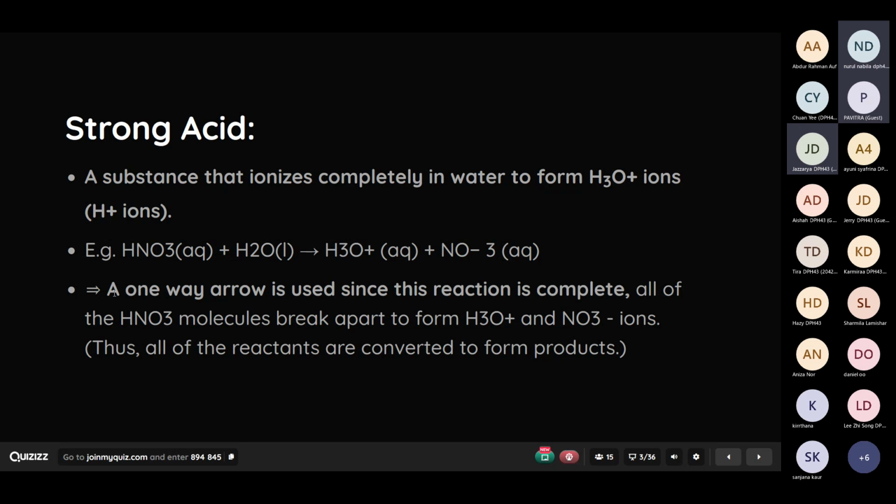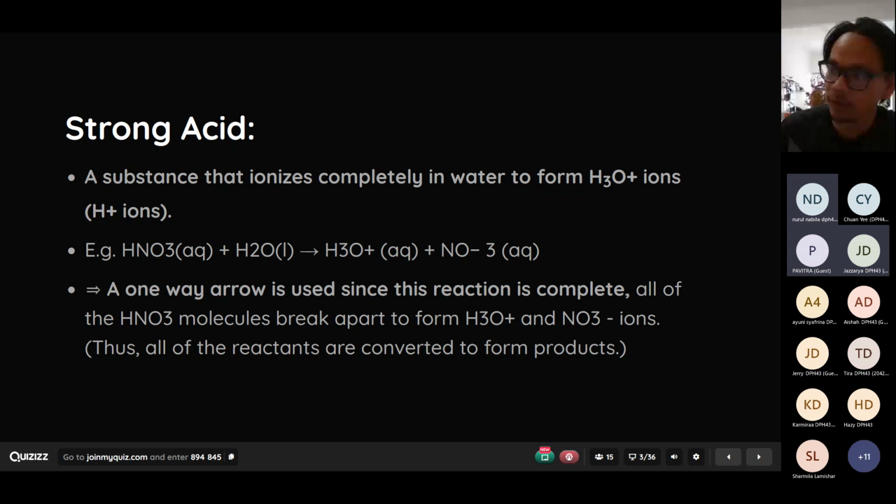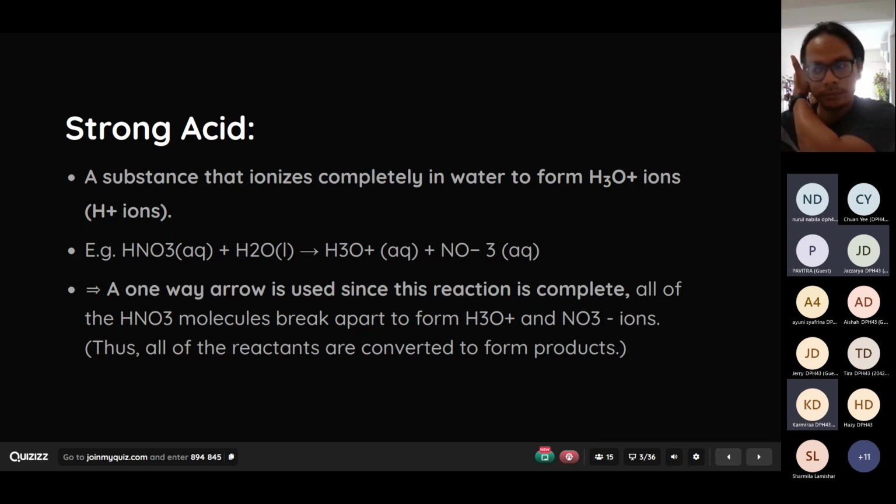So that's why dia kata a one-way arrow dictates the reaction is complete. All of the nitric acid molecule, all of the HNO3 molecule break apart to form hydronium ion dan juga nitrate ion, NO3- ion. Thus, all of the reactants are converted to form the products. That is the definition of a strong acid.